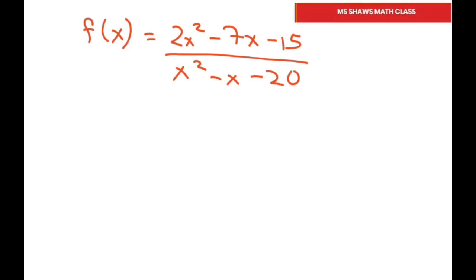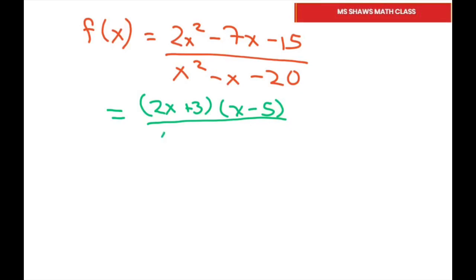So the first thing we're going to do with this is factor it. When you factor this, you get 2x plus 3 and x minus 5, divided by x plus 4 and x minus 5. So first we have a removable discontinuity, also known as a hole in the graph.